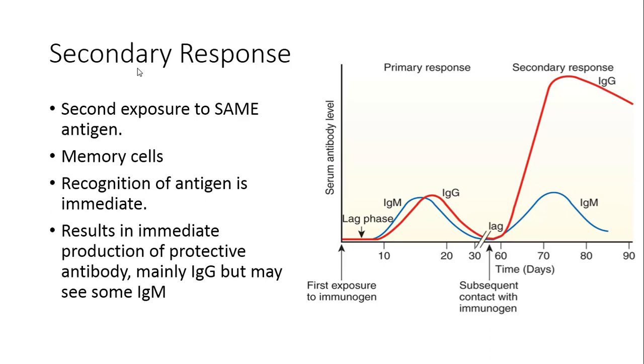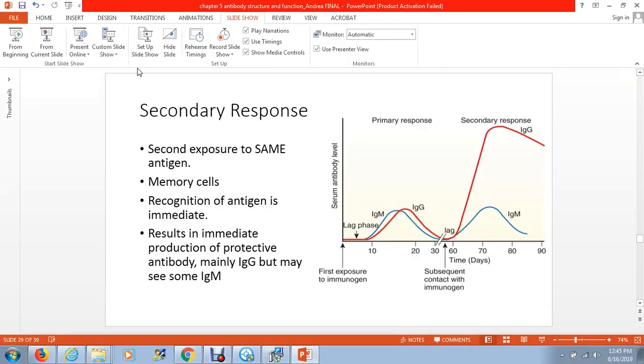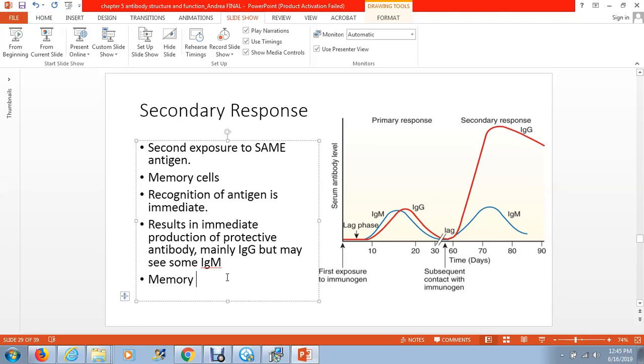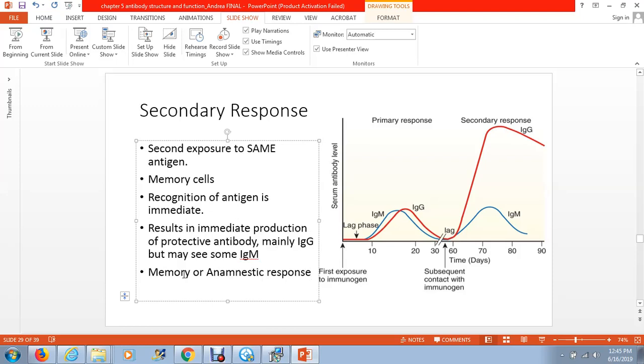I'm actually just going to type this in for you here so that you can see. So it's the memory, or anamnestic response. So this is also known as, okay?